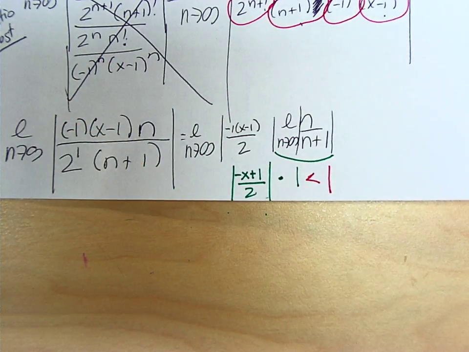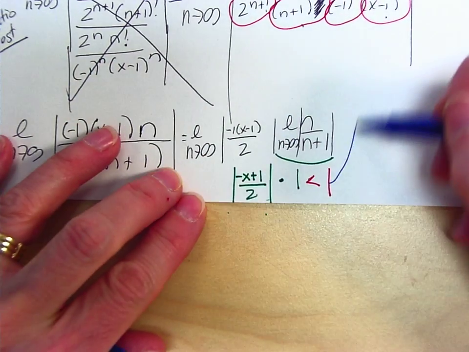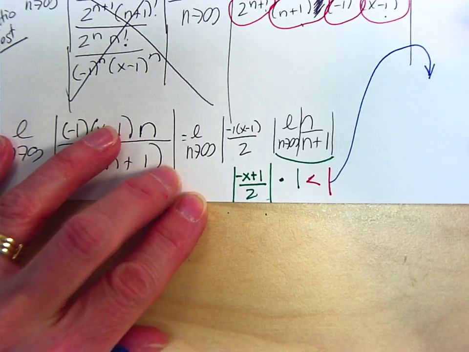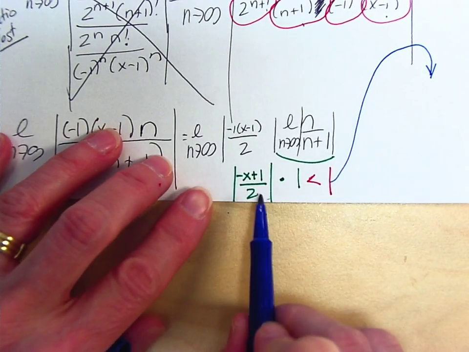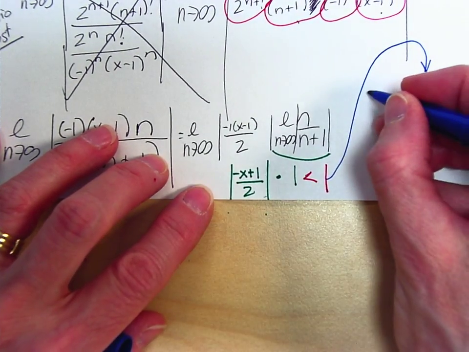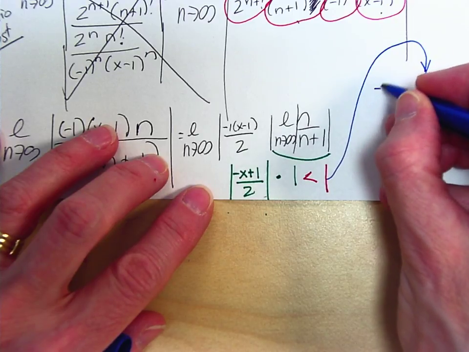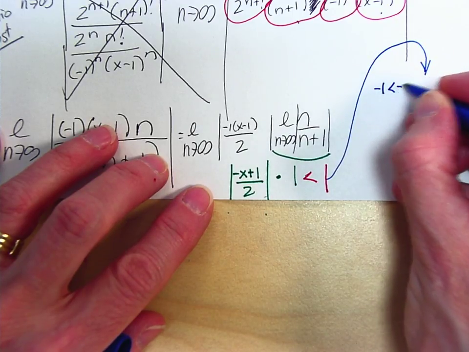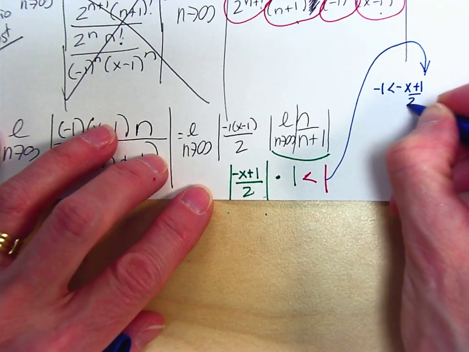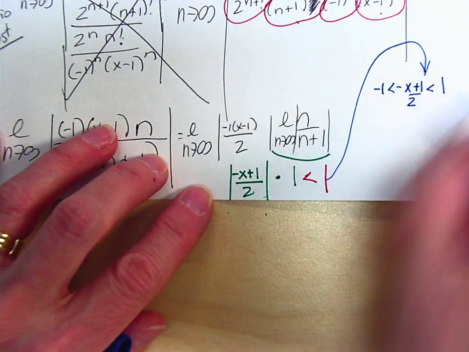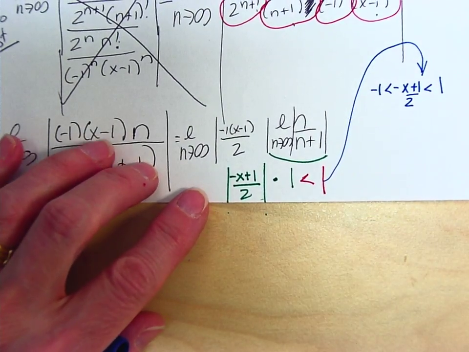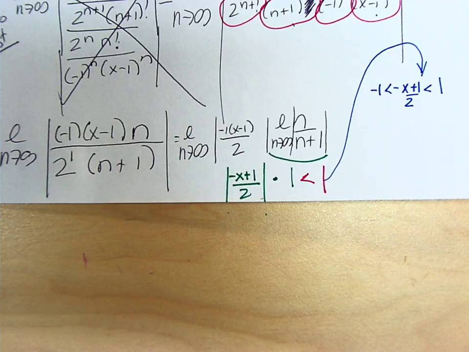So now I'm going to come up here and rewrite this without the absolute values. So this becomes minus 1 has got to be less than minus x plus 1 over 2, less than 1. Now I'm going to multiply everything by 2.